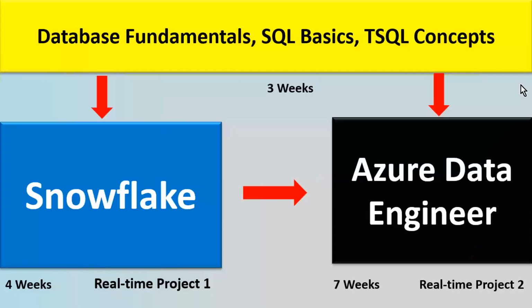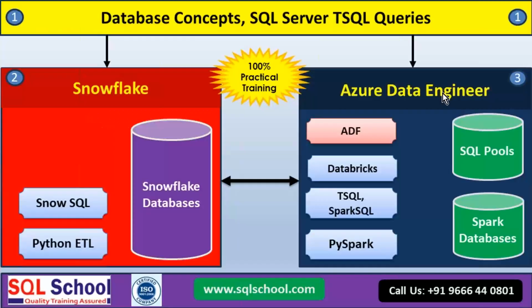To make it more clear, on my screen we have 3 weeks of SQL, database technologies, OLTP and T-SQL. Then comes Snowflake, 4 weeks, and Azure Data Engineer, 7 weeks total. Snowflake is into databases, nothing but data warehouses, with Python and NoSQL as part of our Snowflake training course.